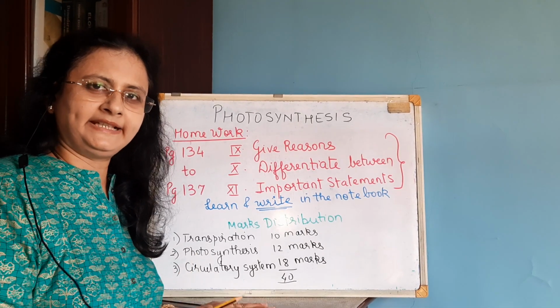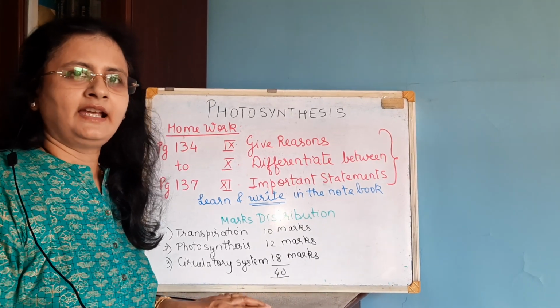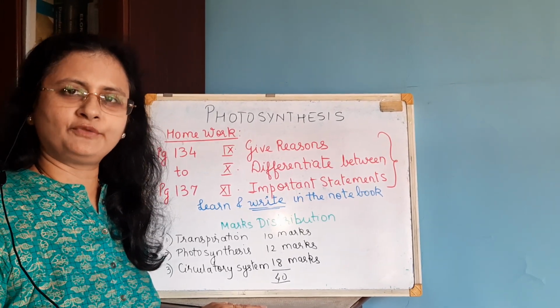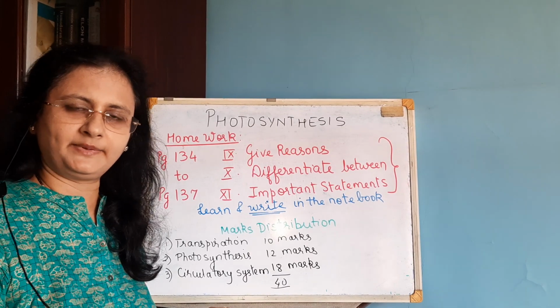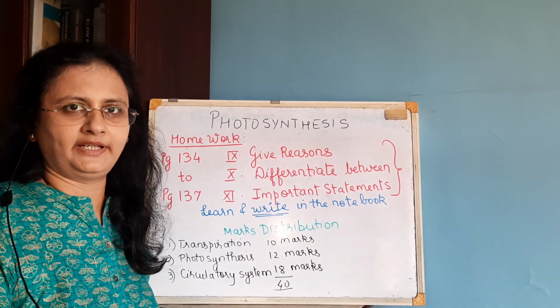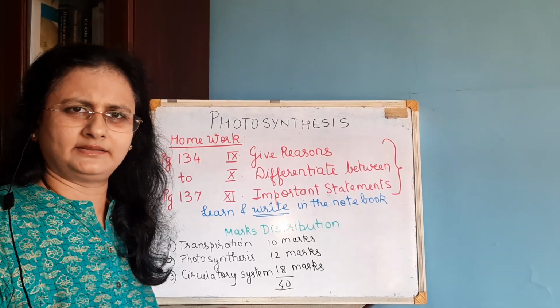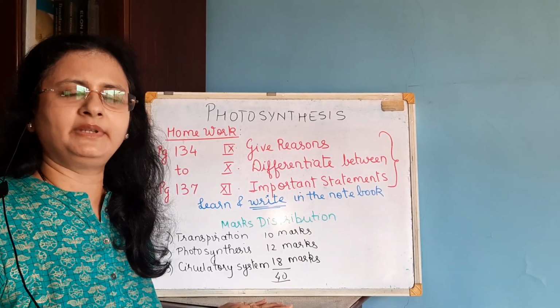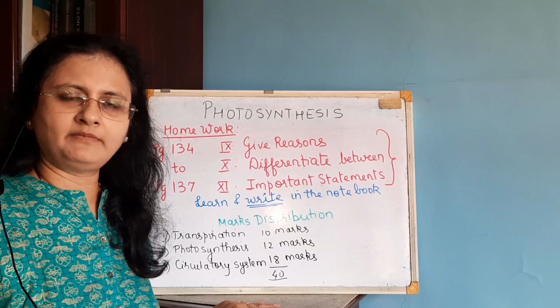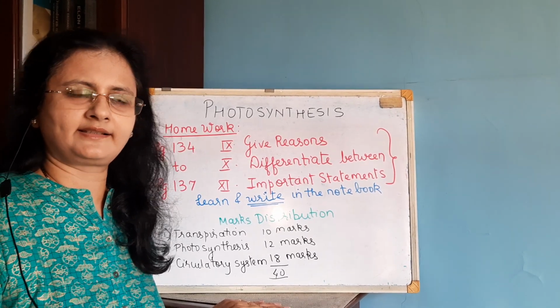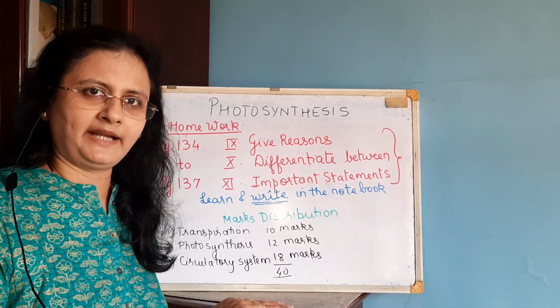Okay, so we have completed the chapter of photosynthesis, and so also I have completed your portion for the first bio test, that is transpiration, photosynthesis and circulatory system. I think the timetable has already been given to you, and it will be a 40-mark test. Section 1 is objective as per the pattern I have given you.